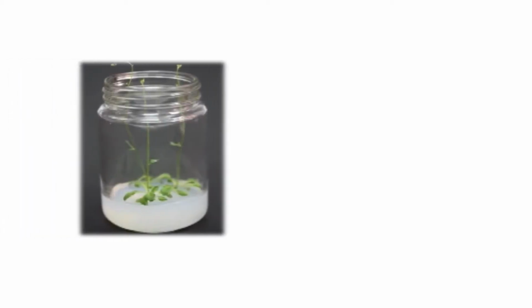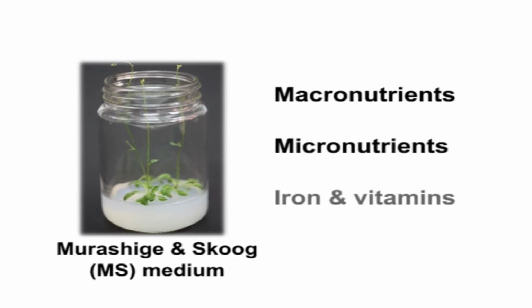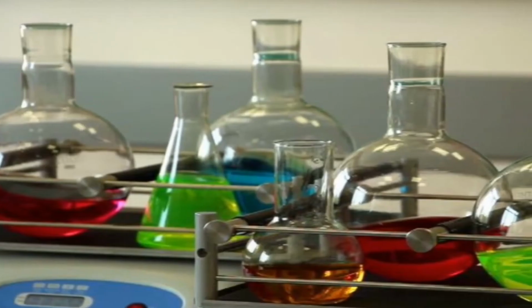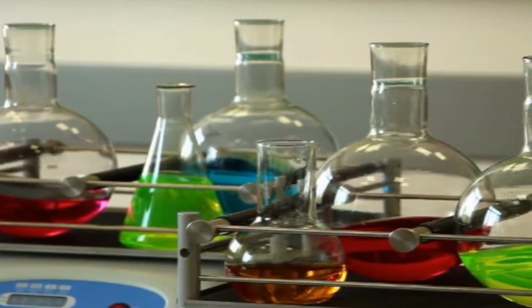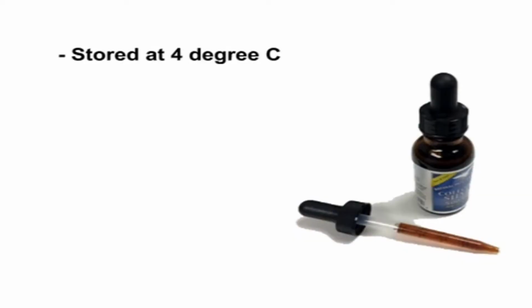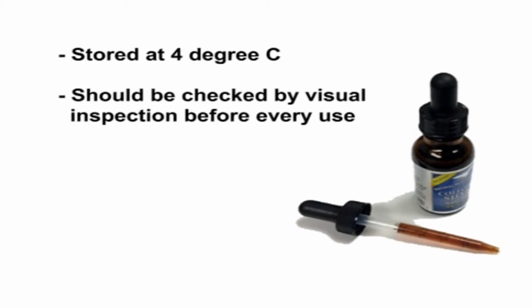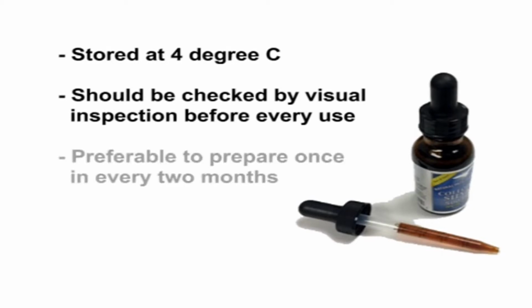For example, for Murashige and Skoog medium, simply called MS medium, stock solutions of macronutrients, micronutrients, iron and vitamins are prepared. The concentration of the stock solutions depends on the need and utility. The stock solutions are generally stored at 4 degrees Celsius and should be checked by visual inspection before every use. It is preferable to prepare the stock solutions once in every 2 months.